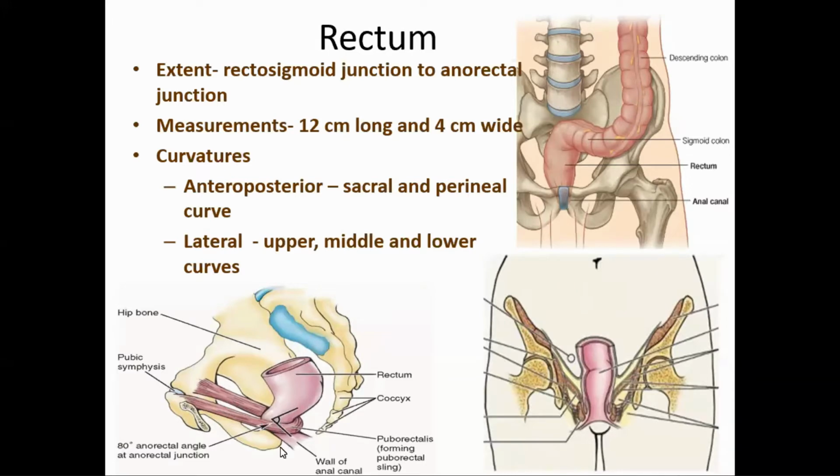And the anorectal junction is kept in position by a ring of muscle called the puborectal muscle, which is formed by the levator ani muscle. The puborectal sling of levator ani muscles keeps the anorectal junction in position.